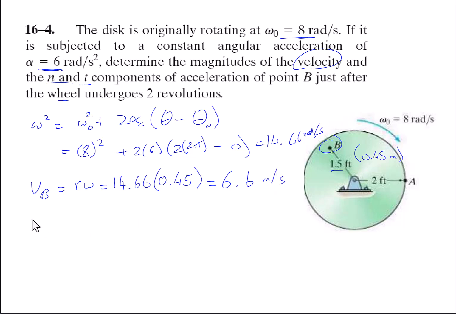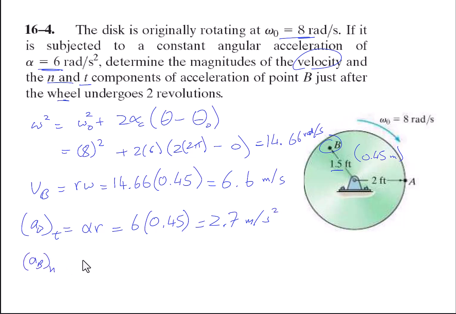The acceleration components at point B: the tangential acceleration is just alpha r, so this is 6, where the radius is 0.45 meters. This is about 2.7 meters per second squared.